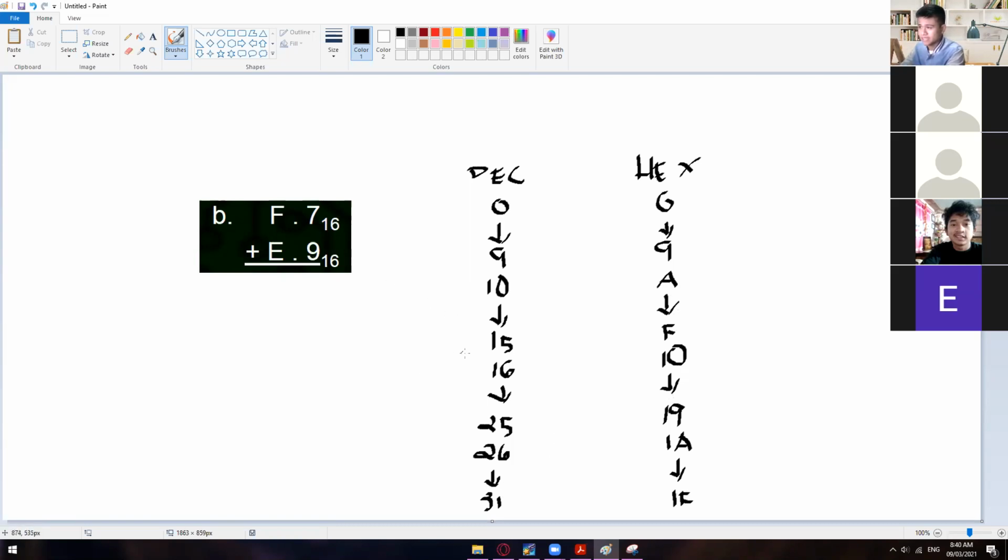Okay. So let's just say that this is the number that we're needing for now, wherein 7 plus 9 is 16. So it's 10 in direct conversion in hexadecimal. So carry 1, bring down 0. And then F plus E plus 1. If you convert F, it's actually 15 in decimal. And then E is 14. And then we have here plus 1.